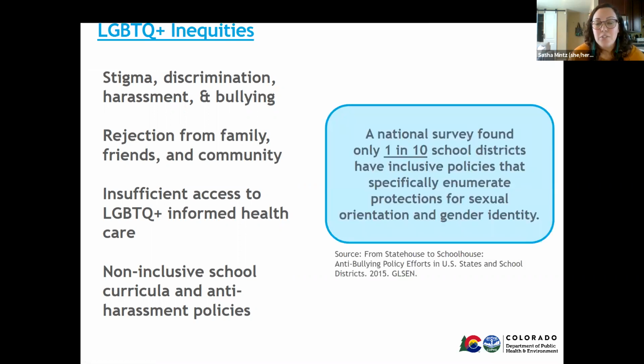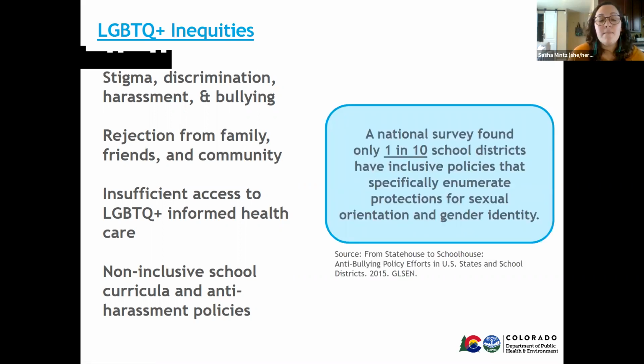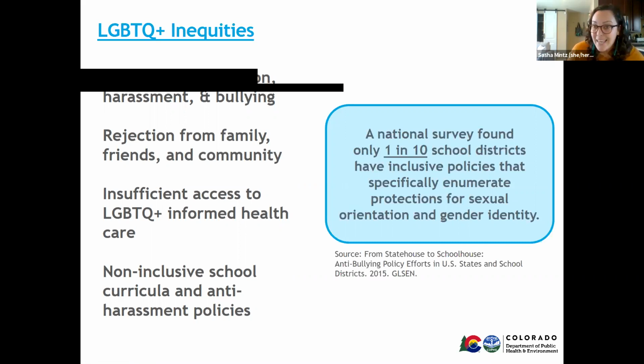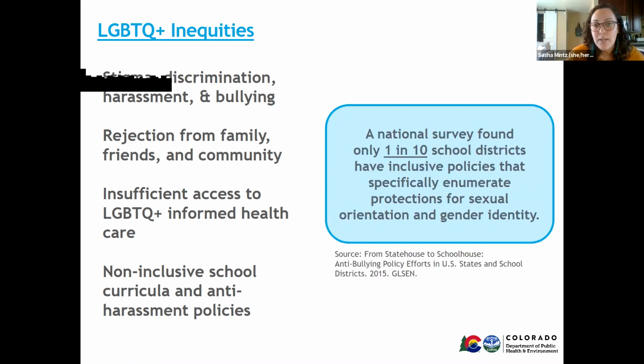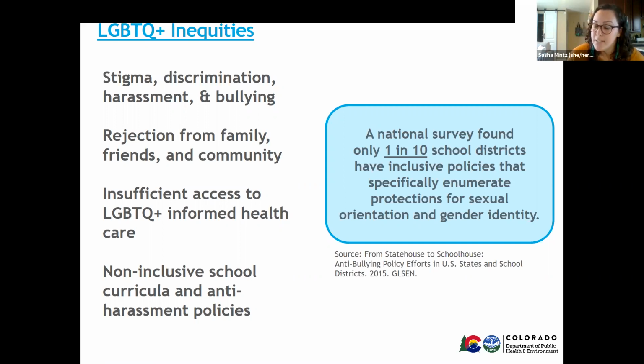However, a national 2011 survey found that only 1 in 10 school districts have inclusive policies that specifically enumerate protections for both sexual orientation and gender identity. And that new GLSEN report that I mentioned that was released last month found that 8 years later, in 2019, that number had not changed much, with only 13.5% of students reporting that their school had inclusive policies.